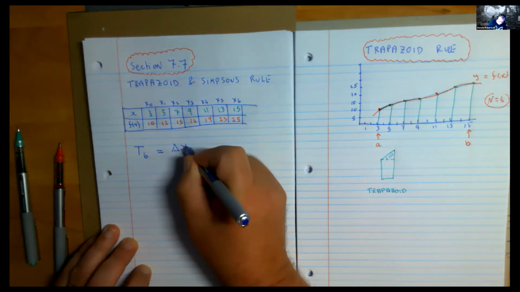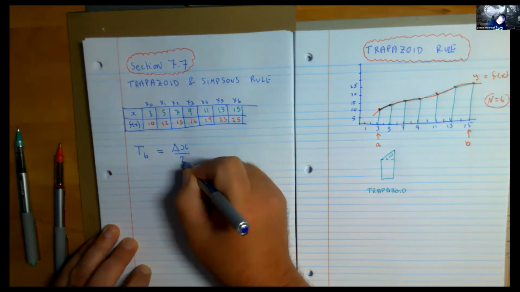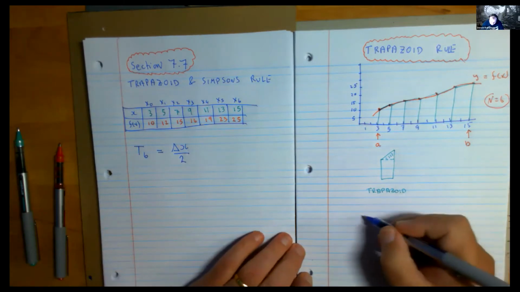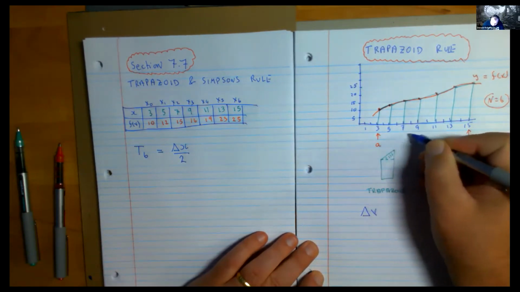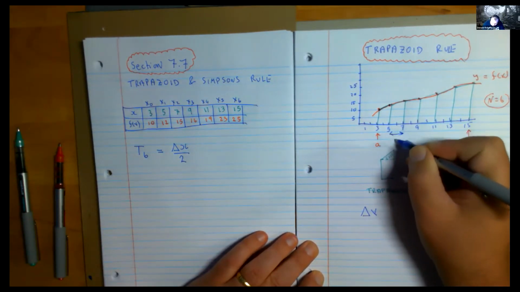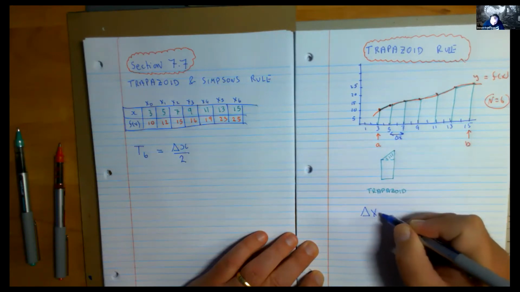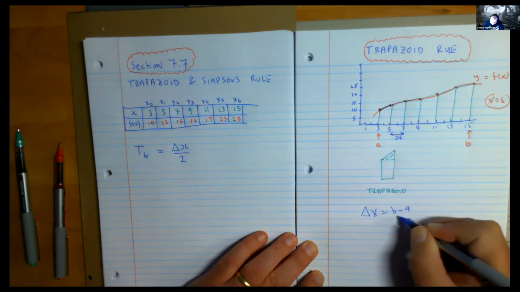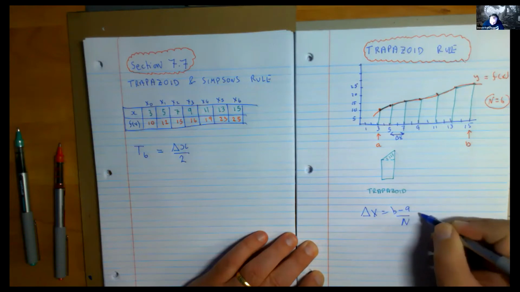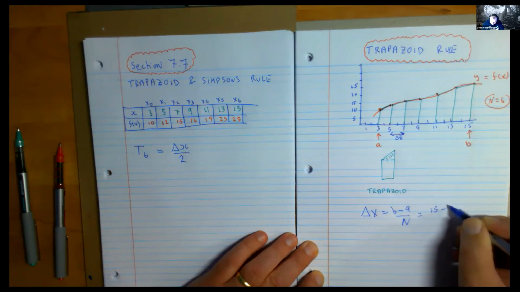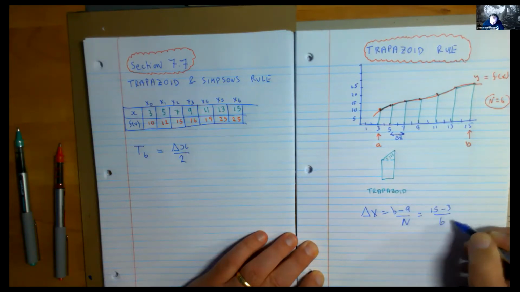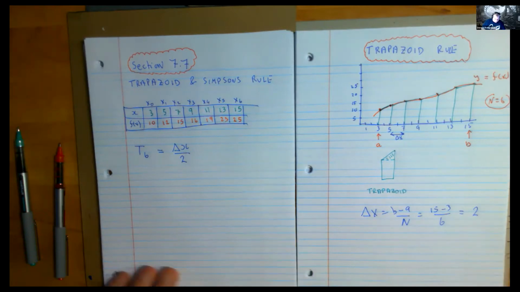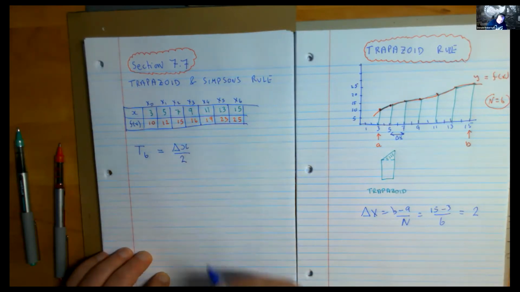The formula is delta x over 2. Delta x you get by the usual: finish take away start, divided by n. So it's delta x divided by 2.